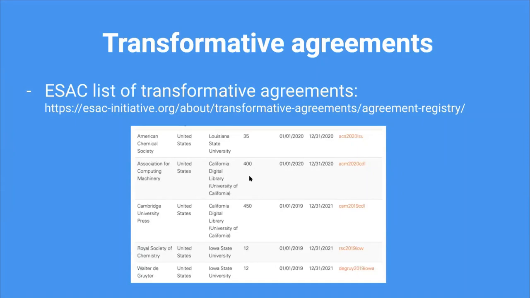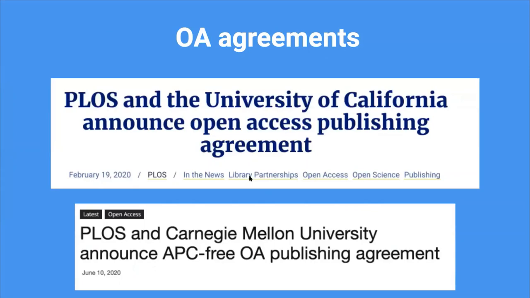And so there is a place that's trying to pull together all these transformative agreements at ESAC. Though frankly, for your institution, you'll probably know what transformative agreements you're in, so you don't necessarily need a list. But there's where you can go and see what other people have been up to. More relevantly, in some ways, are all of these open access agreements.